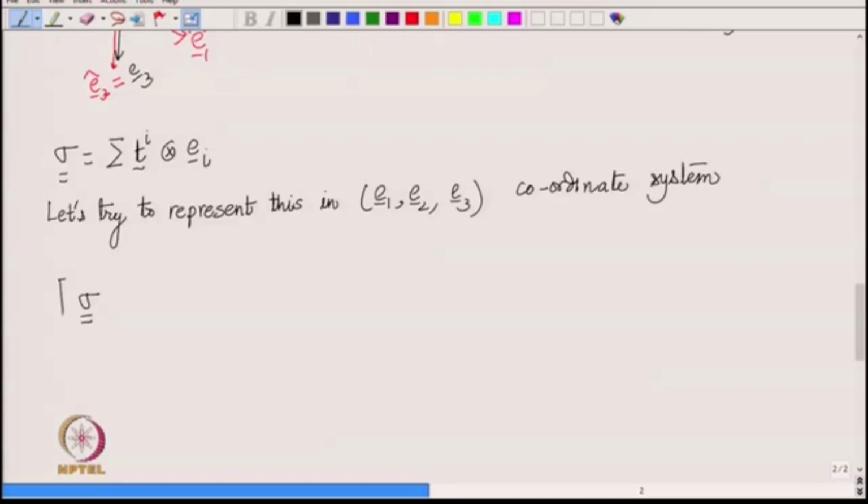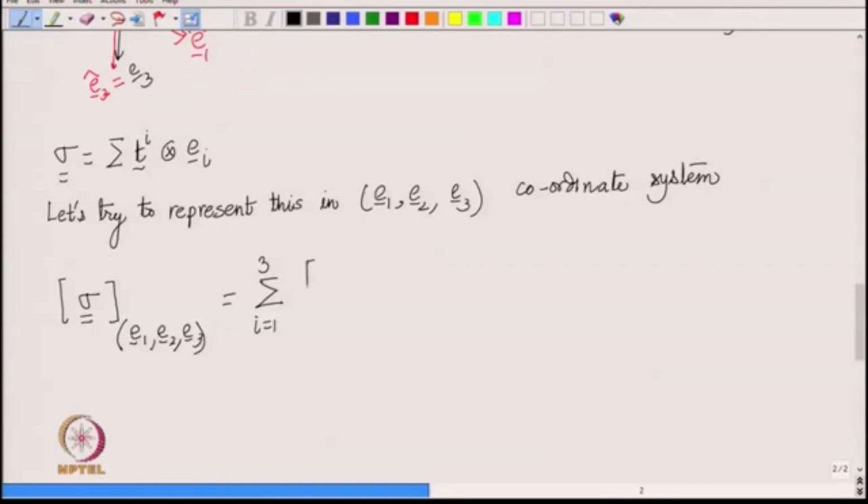So, we will use big brackets to denote that we are going to write down the representation of the tensor, and here in the subscript we say which coordinate system. So, it is E1, E2, E3. So, that is equal to summation I equal to 1 to 3 T I. So, let us represent T I in E1, E2, E3 coordinate system.